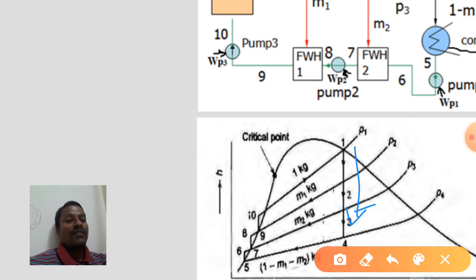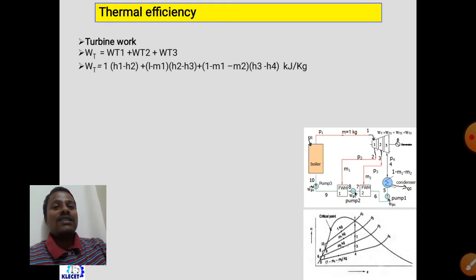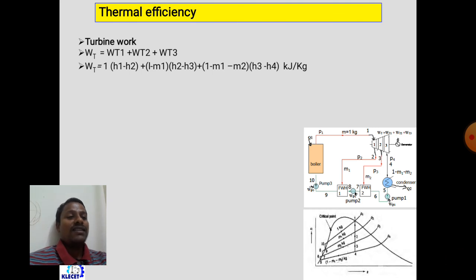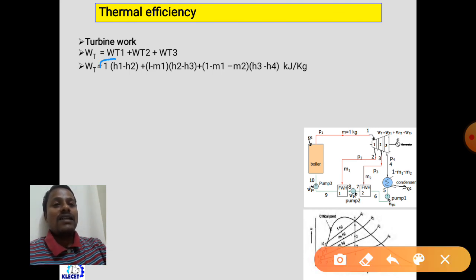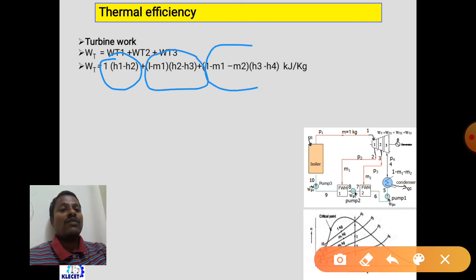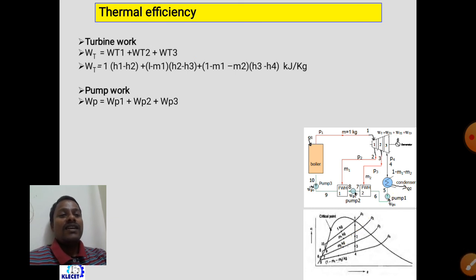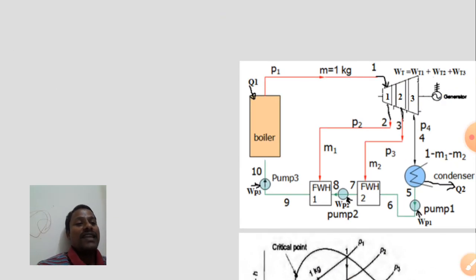So we can continue our further discussion and write the expressions for these turbine works. That is Wt1, and 1 minus m1 into H2 minus H3 is Wt2, and 1 minus m1 minus m2 into H3 minus H4 is Wt3. Further, for pump work, we have 3 pumps in this cycle totally.